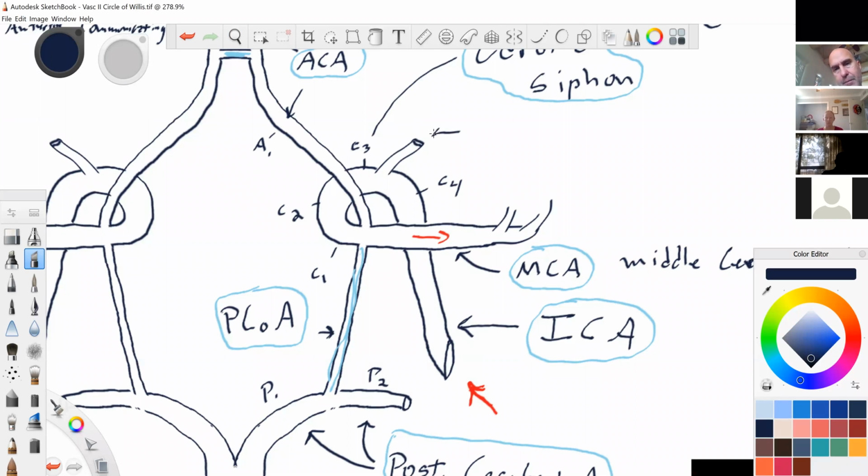This guy right here, and blood flow, by the way, blood flow normally is going out, always the wrong color. And this is the OA, or ocular artery. We'll circle this one too.